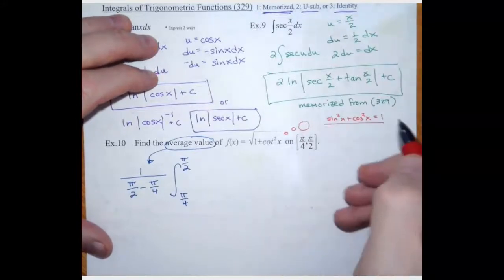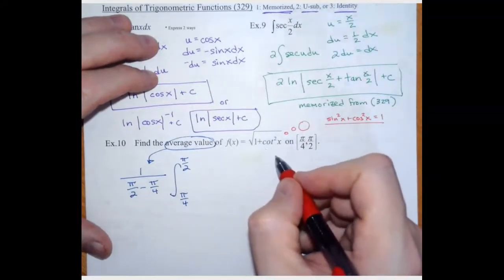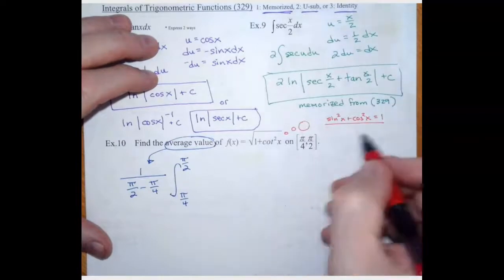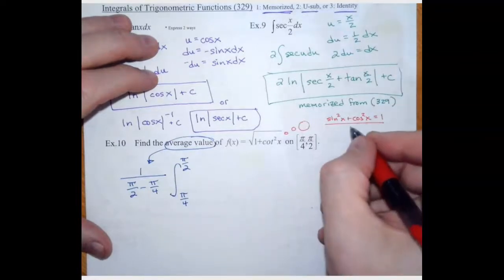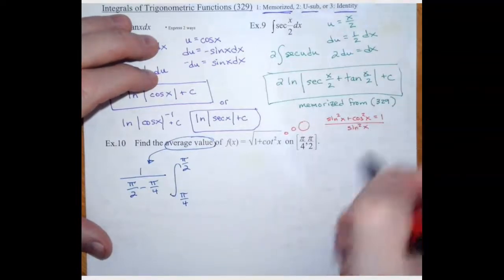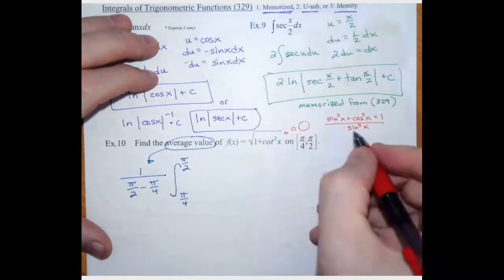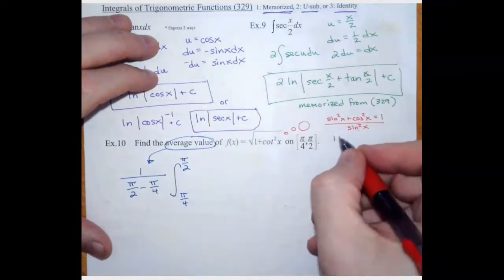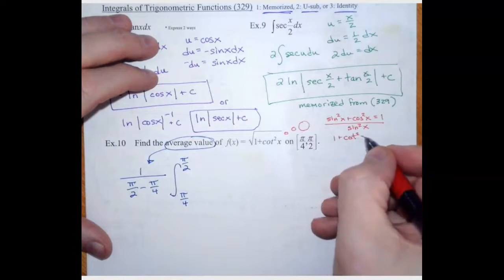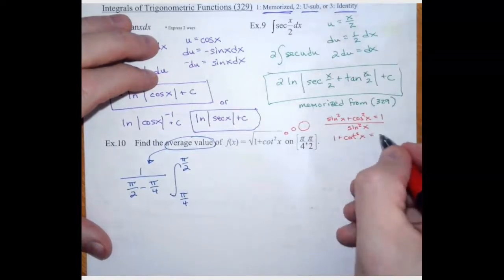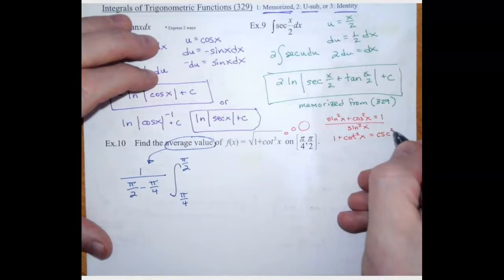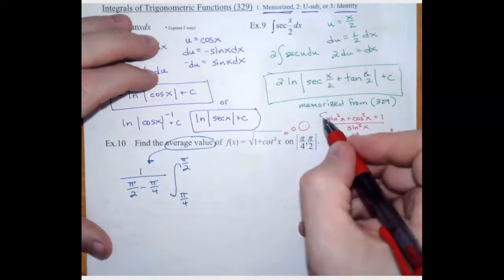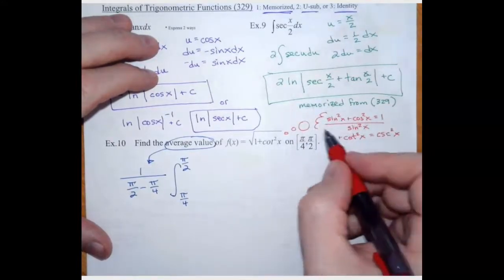Tangent is sine over cosine, so cotangent is cosine over sine. So I want cosine over sine, so I'm going to divide this whole thing by sine squared. That's going to be 1, and then this is going to be cotangent squared, and 1 over sine squared is cosecant squared. I don't have those memorized, I just have that one memorized.